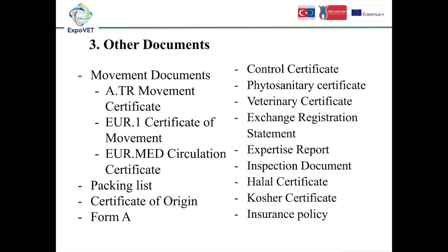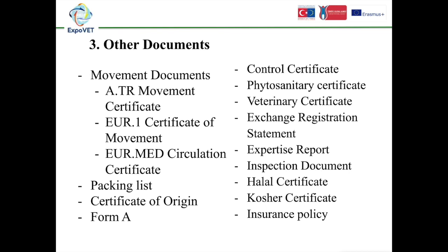ATR Movement Certificate. In accordance with the Turkey-European Community Customs Union, upon the request of the exporter or his legal representative authorized to sign the customs declaration, if the necessary conditions for the implementation of the provisions on free movement of industrial products, including processed agricultural products, are fulfilled, the documents are issued by the customs administrations or the institutions authorized by these administrations.